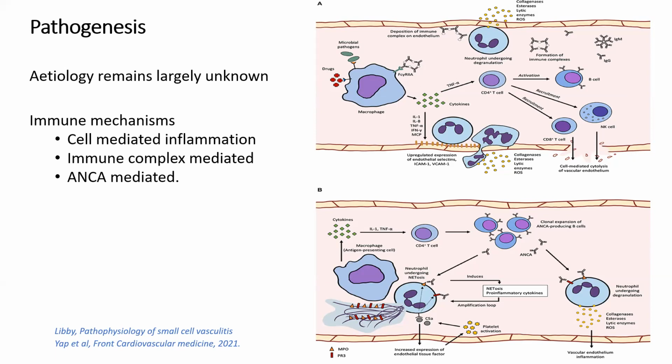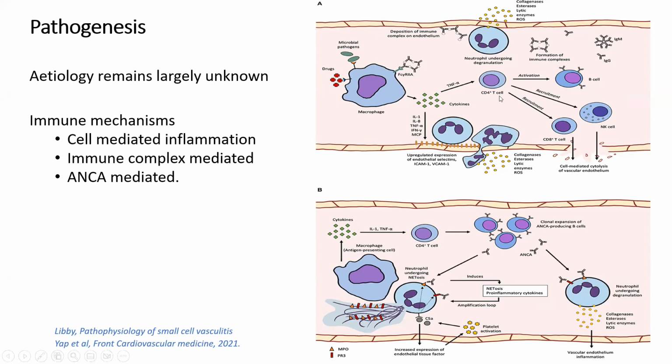So with cell-mediated inflammation, this occurs usually in the large vessel arteritis, an example being giant cell arteritis. You have the blood vessel, you have the endothelium, and then your intima, media and the adventitia. You have antigen-presenting cells, dendritic cells, macrophages resident in the adventitia and the media.